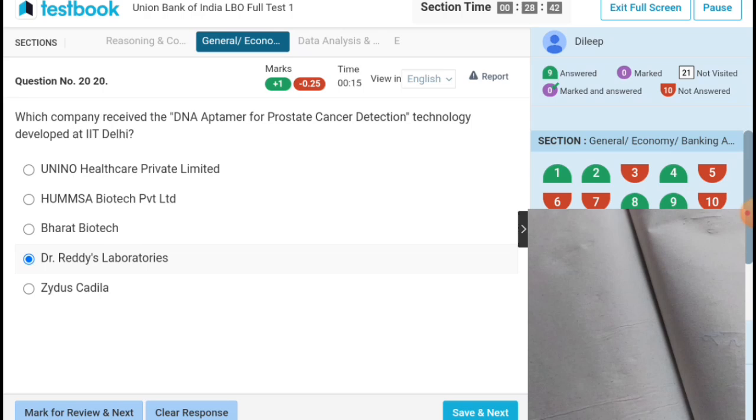Which company received the DNA aptamer for prostate cancer detection technology developed at IIT Delhi? I think, humans, I think, or Reddy.